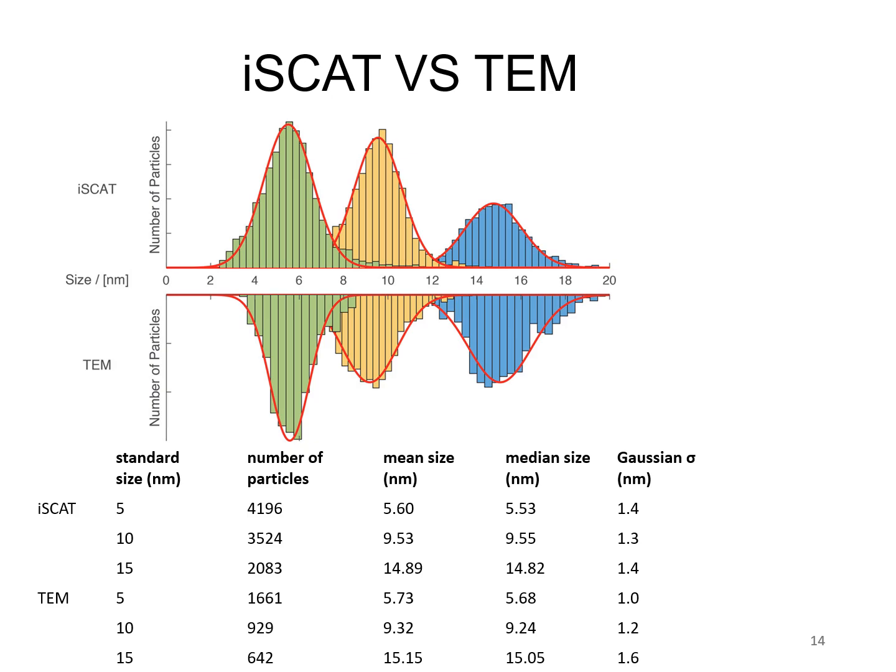Both methods give similar mean and median sizes for the 5, 10, and 15 nanometer golden nanoparticle samples, showing that iSCAD is a reliable technique for determining nanoparticle size.